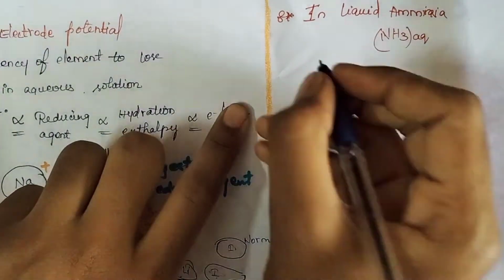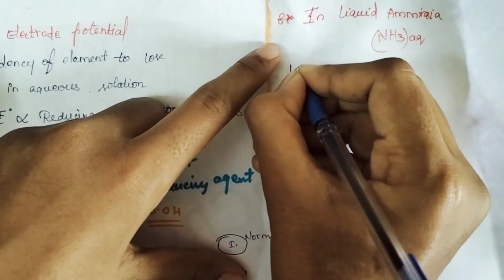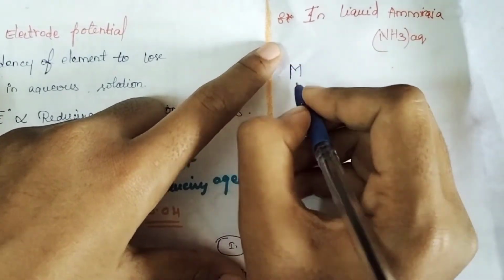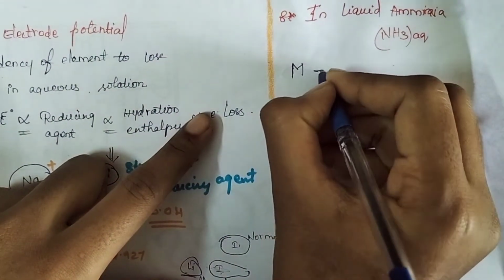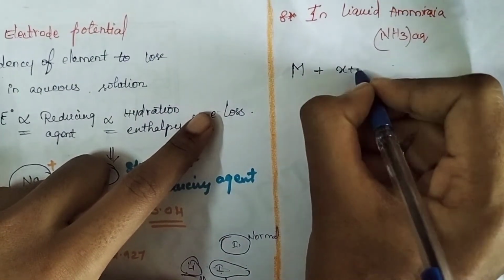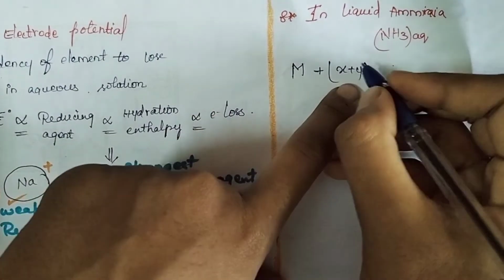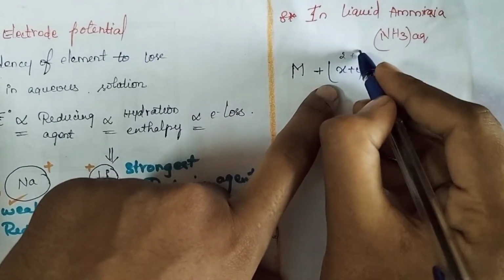So if I want to write the reaction here, M, let it be any metal of this alkali metal, M plus x plus y, this is the number of moles. This is 2, if you take this is 3, like that.